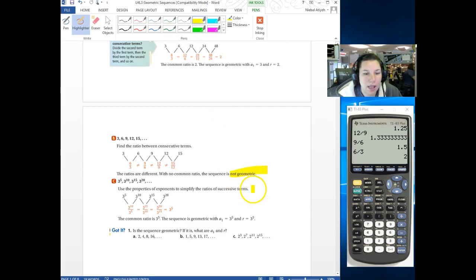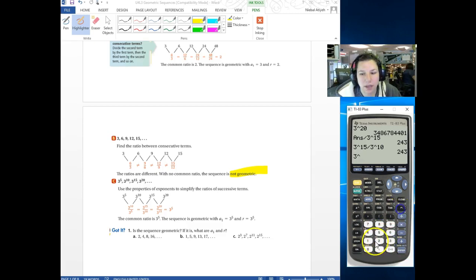And then our last one, don't let the exponents throw you off, they're still just numbers. So you've got 3 to the 20 divided by 3 to the 15. We get 243. Then 3 to the 15 divided by 3 to the 10, we get 243 again.